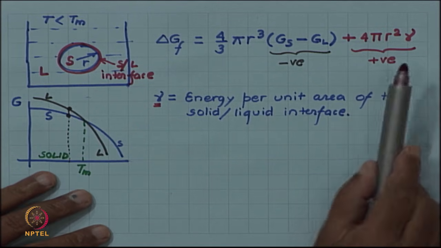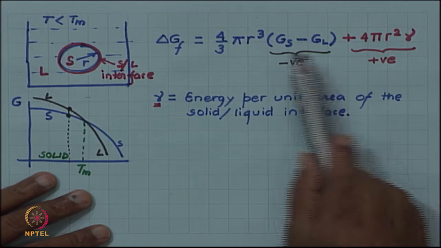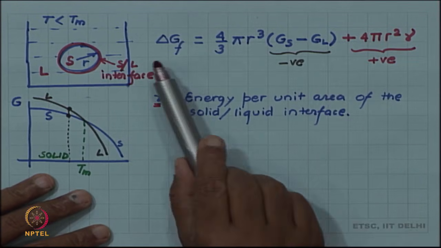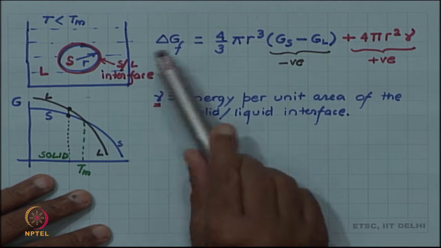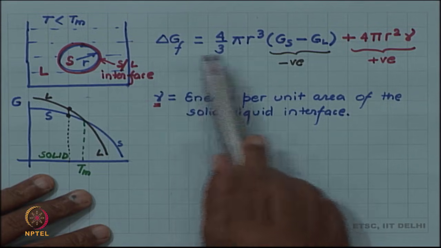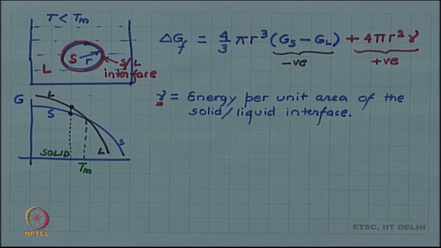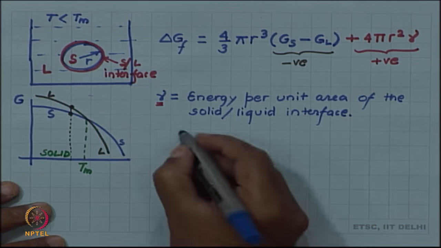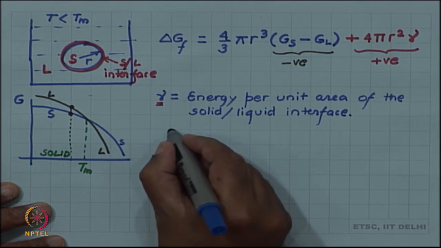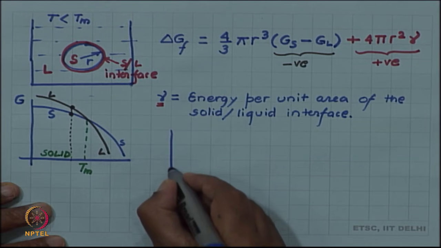So, this will show that depending on the value of gamma and Gs and Gl, it is not guaranteed that delta Gf will be negative whatever the value of r is. So, let us try to see how free energy varies once we have taken into account this surface energy.